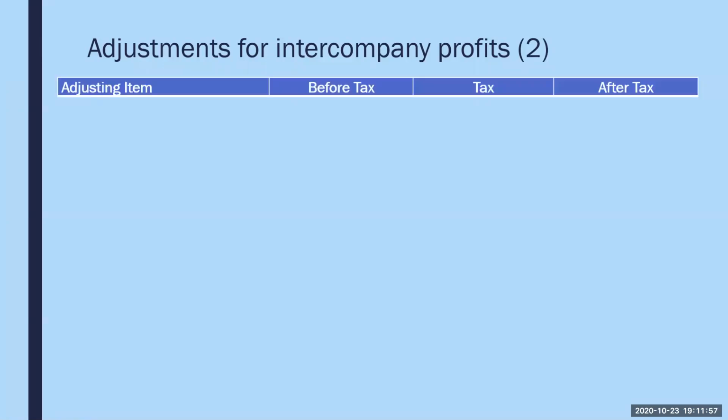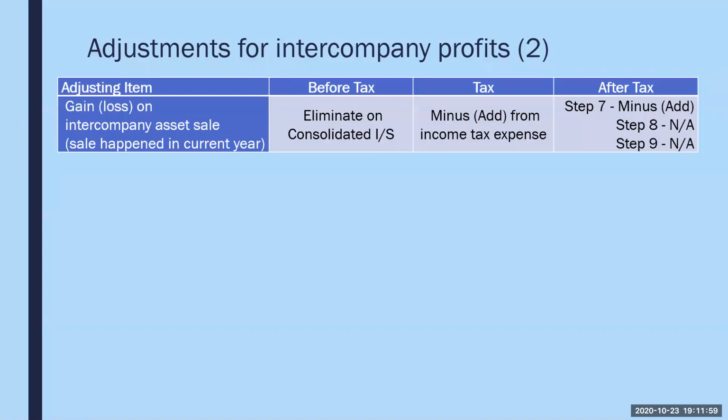Next up, we have adjustments for the other intercompany profits. So let's say there was a gain or loss on an intercompany asset sale, equipment, etc., whatever it might be, and the sale occurred in the current year. So if the intercompany sale occurred in the current year, the amount of the intercompany profit recorded by the seller company is considered to be unrealized and hence needs to be held back.